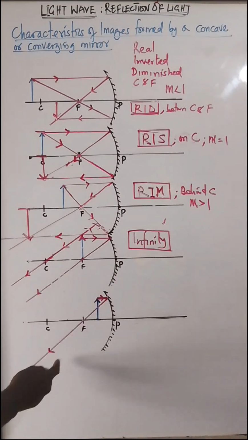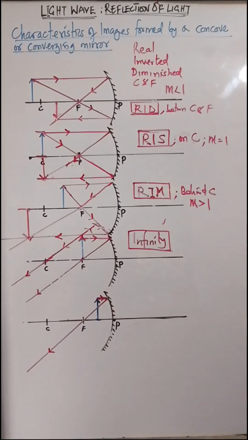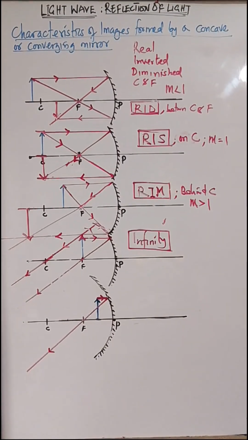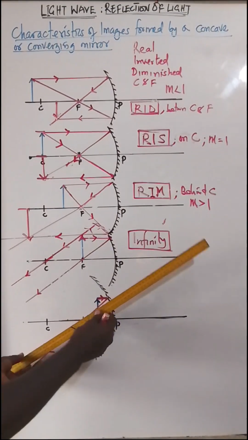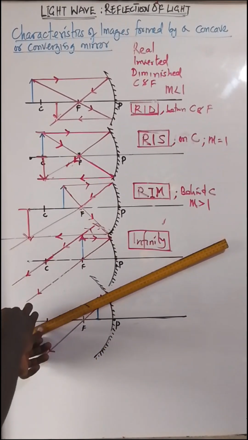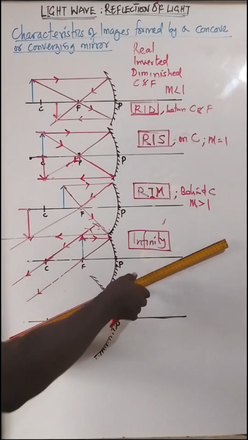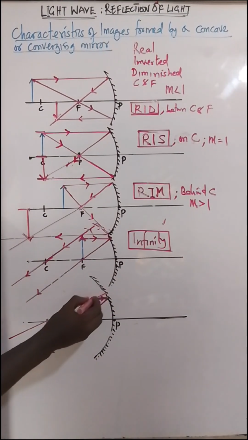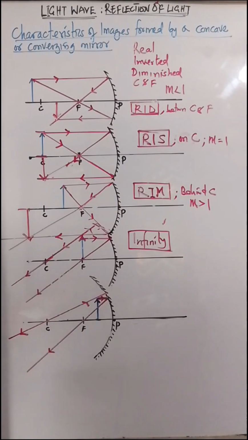Now, we cannot take a ray through F because this one is already beyond F. So let's draw it wider. Now let's take a ray through C. Any ray that passes through C is reflected through the same path. What you notice is that they are parallel. They didn't meet because they are diverging away.